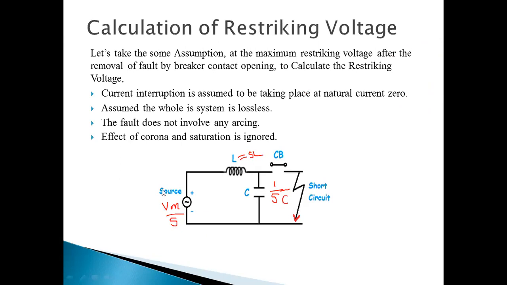When we are considering the source side, this L inductance is in series with the source. But when we are considering from the circuit breaker side, this inductance and capacitor are both connected in parallel here.